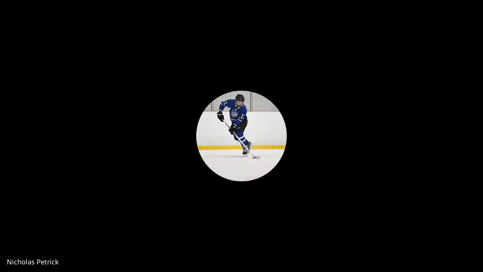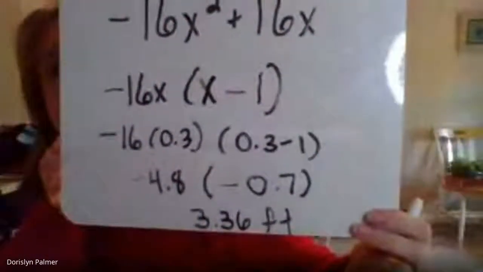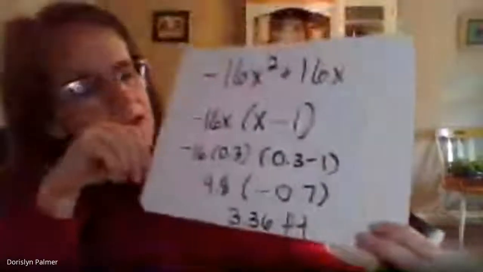Matthew, I got Matthew already. Nathan Snyder? You're muted, Nathan. 3.36 is what I said. Okay, and Nicholas. 3.36 feet. All right, so our answer looks like this, and it is 3.36 feet. Good job.